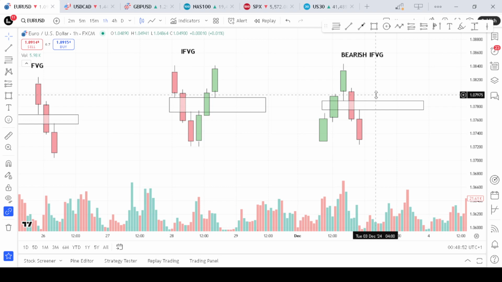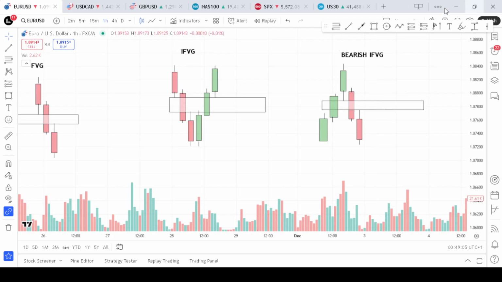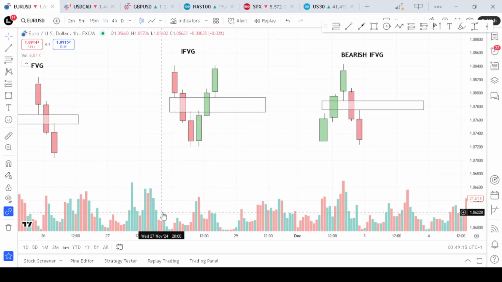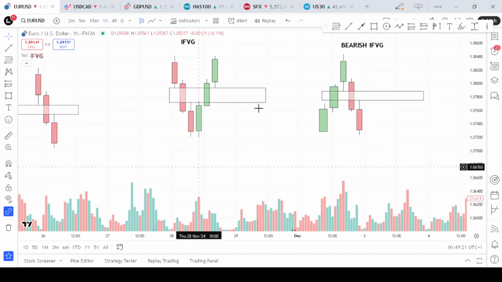The first way we can identify it is by recognizing specific market conditions that make the gap more reliable. The most effective IFVG appears near areas of liquidity. Look for market highs and lows to spot these positions. When an IFVG forms after sweeping a liquidity area, it has a high probability of holding.